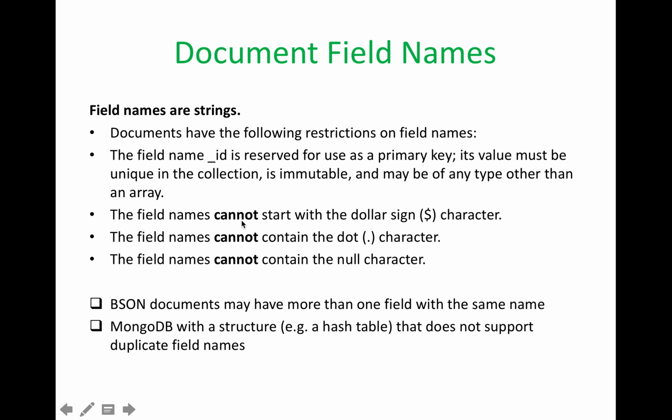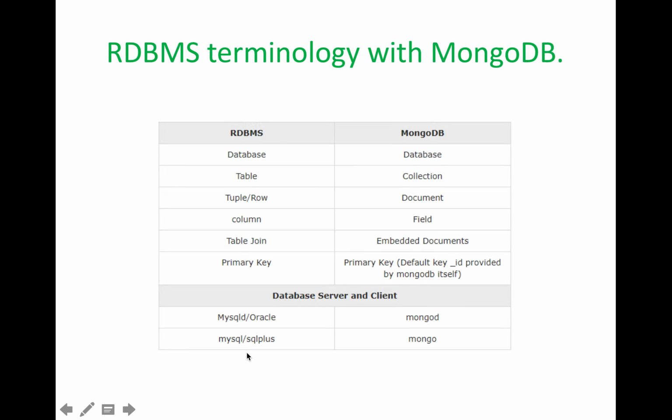The field name cannot start with a dollar sign character. The field names cannot contain a dot character. Field names cannot contain the null character. A BSON document may have more than one field with the same name. MongoDB, with a structure like a table, doesn't support duplicate field names.